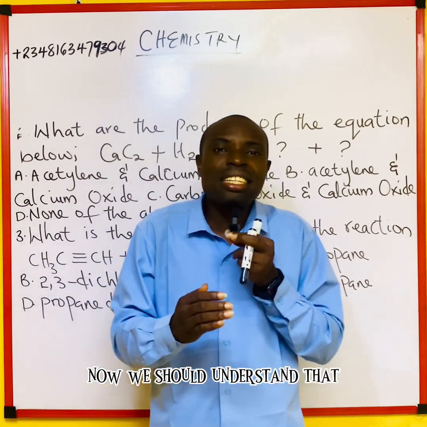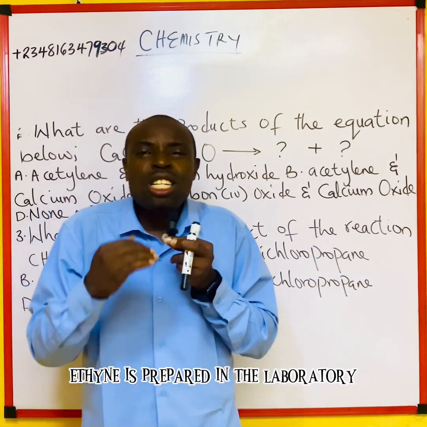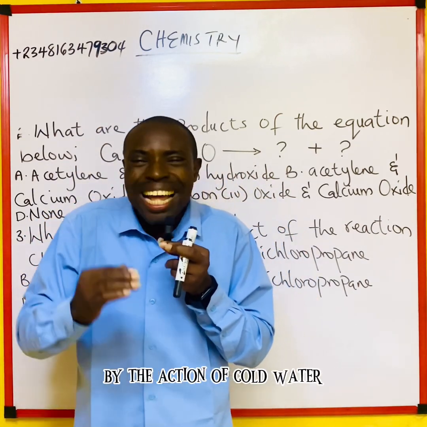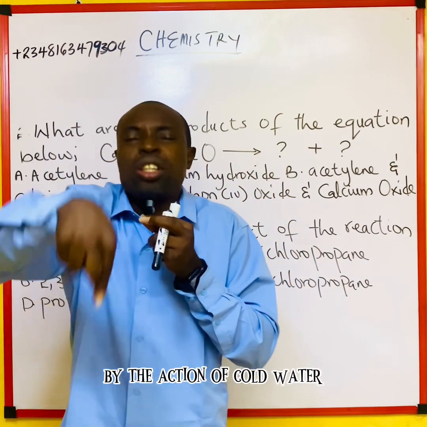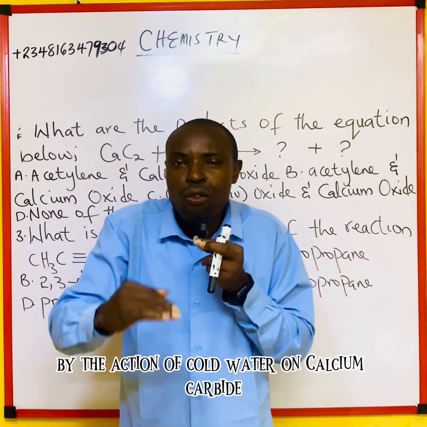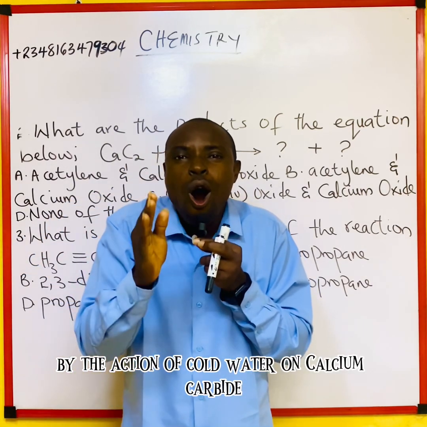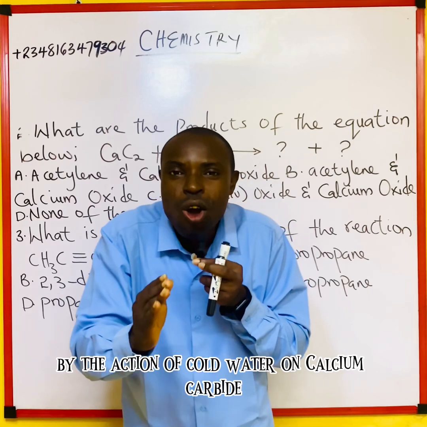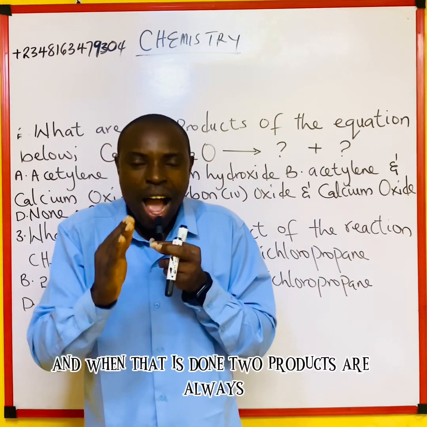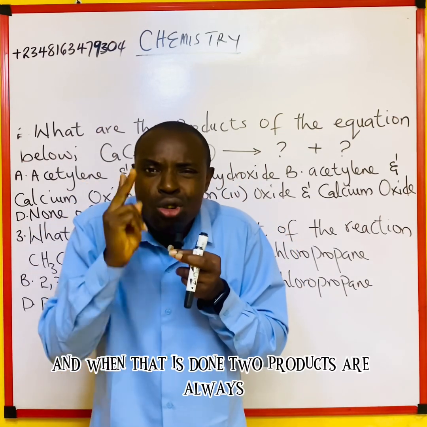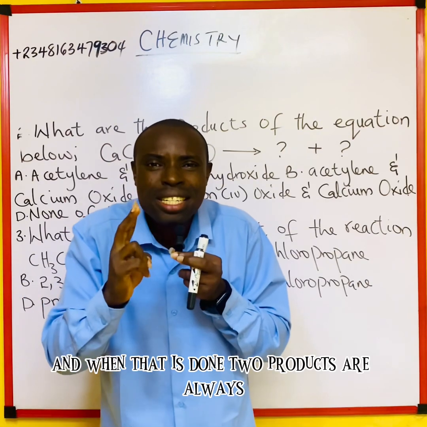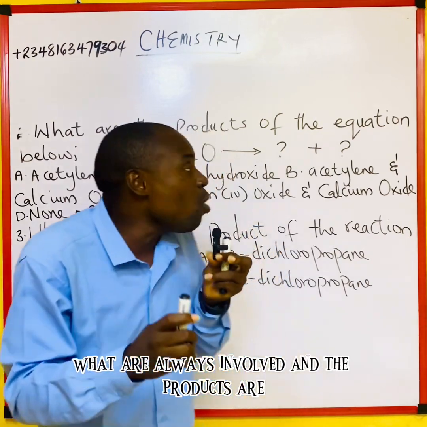Ethyne is prepared in the laboratory by the action of cold water on calcium carbide. When that is done, two products are always involved.